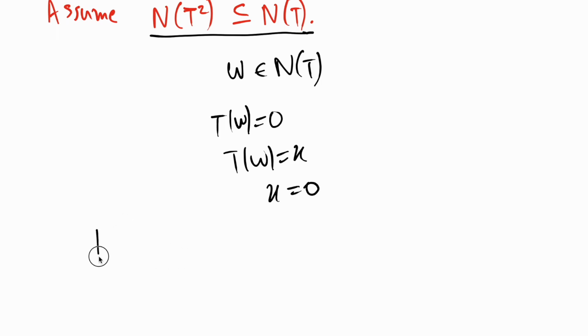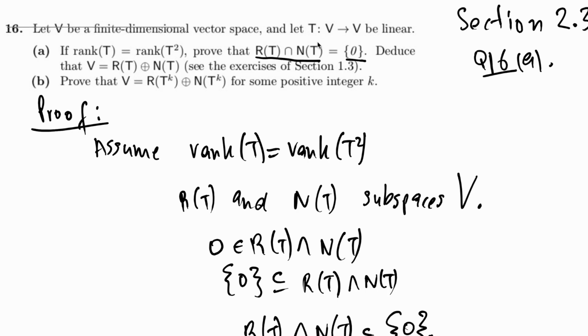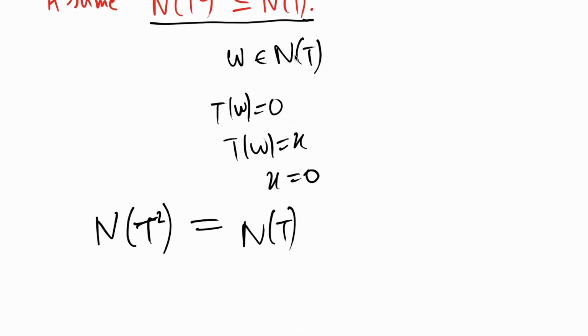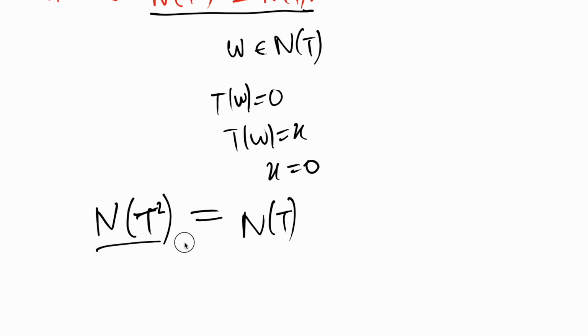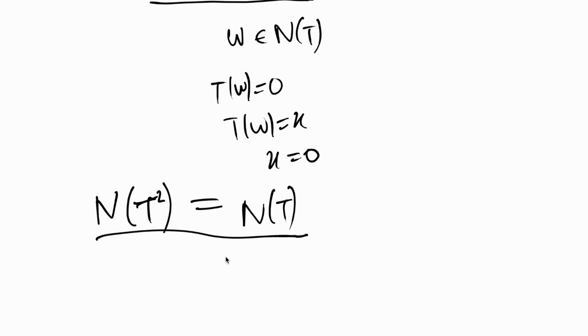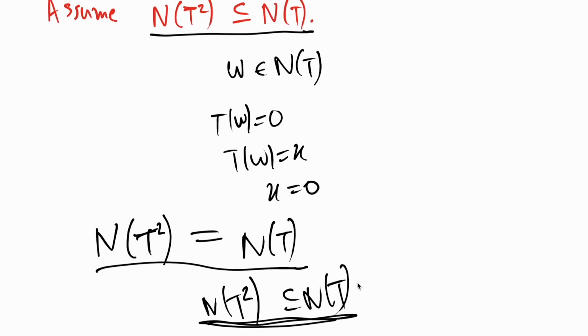We're going to prove that NT2 is in fact the same as NT, given these initial conditions that the rank of T is the same as the rank of T2 and T is a linear transformation from V to V. So given these conditions, we can show that the null space of T2 is in fact equal to the null space of T. And by the definition of equality, this tells us that NT2 is a subset of NT, and we've already seen how this statement leads to X being equal to 0, which is what we want.